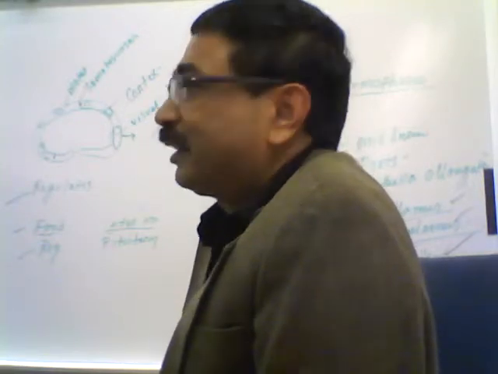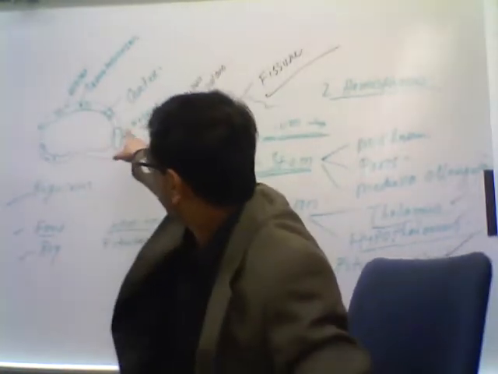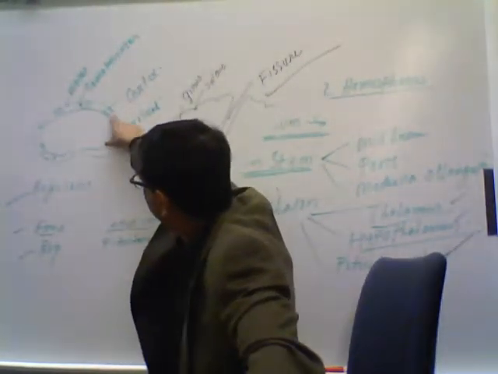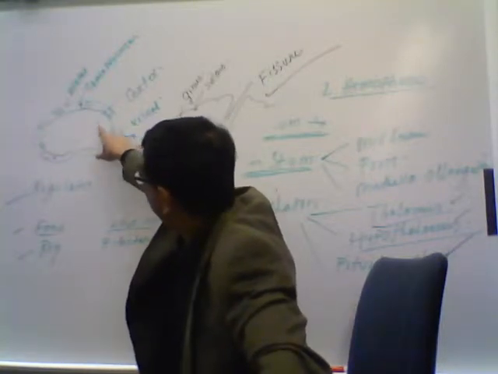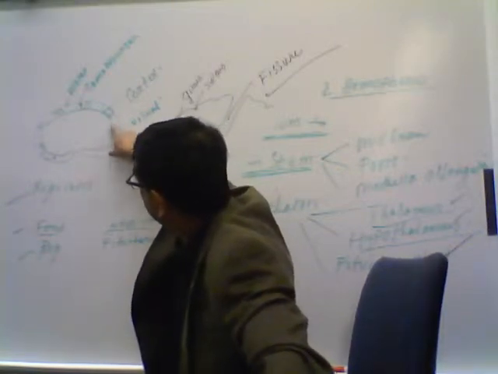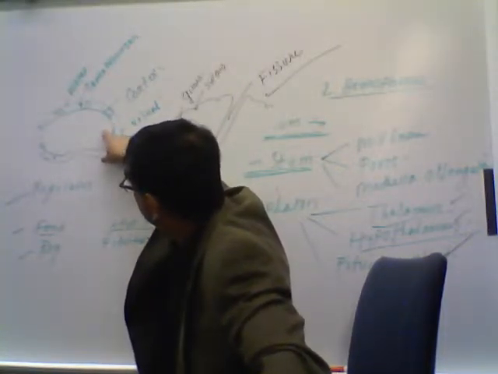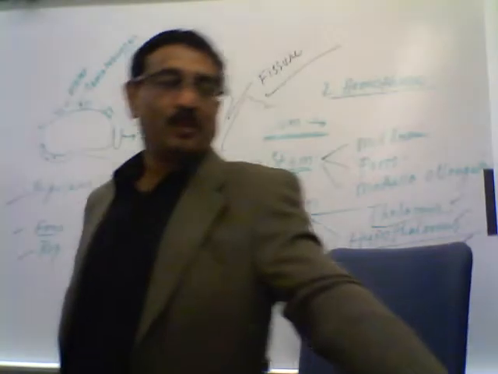Now, if you cut the cerebrum, as I showed you here, the outer part is called the cortex, the inner part is called the medulla, or the outer part is the gray matter and the inner part is the white matter, because this area is gray, this area is white. Now you already know why some areas are gray, why some areas are white.